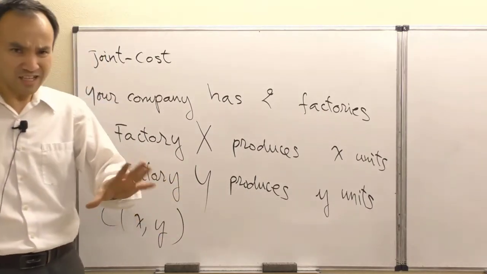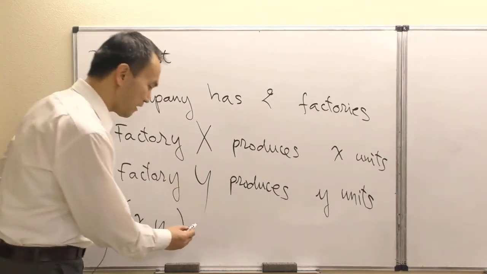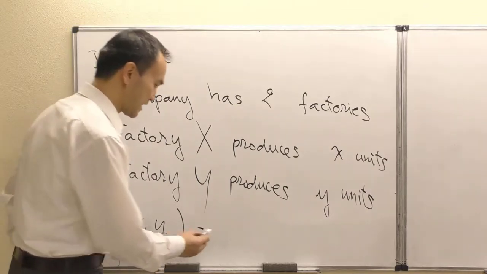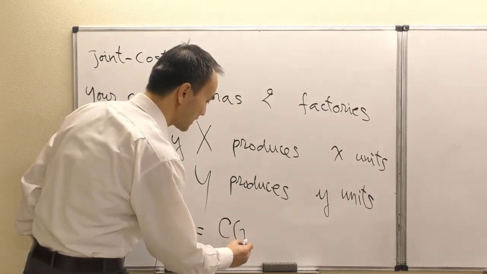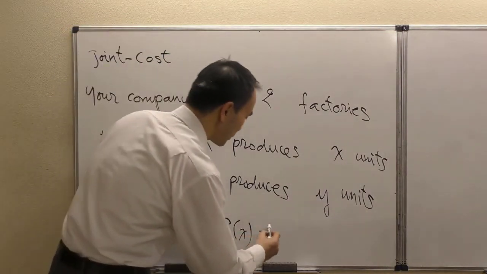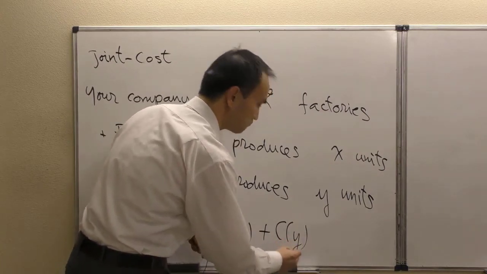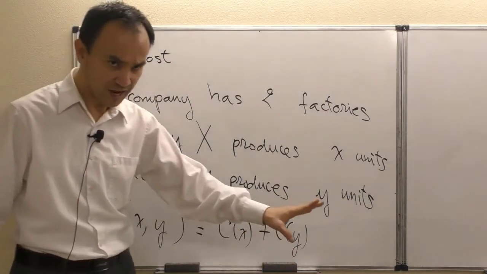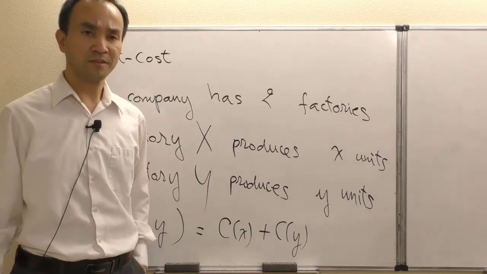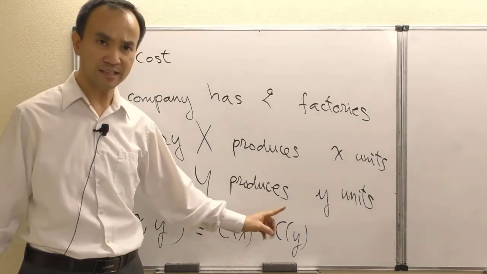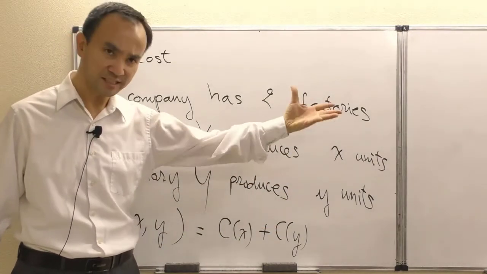Now, somebody can argue that it's simply the cost from the X company added with the cost from the Y company. Sure, that's one way, but I'm only saying it's one way. Just simply adding like this is not always how it works in reality.